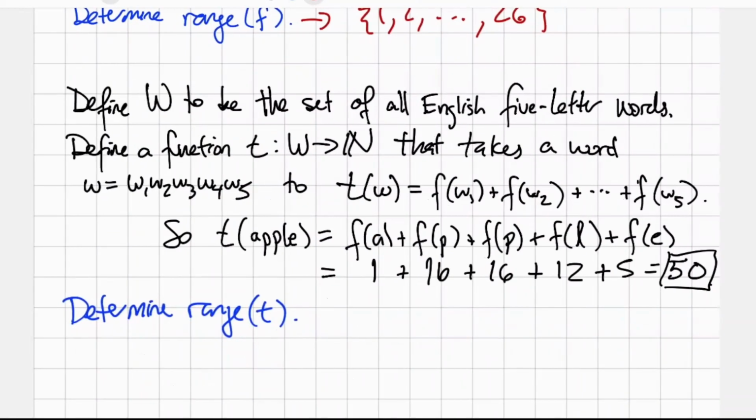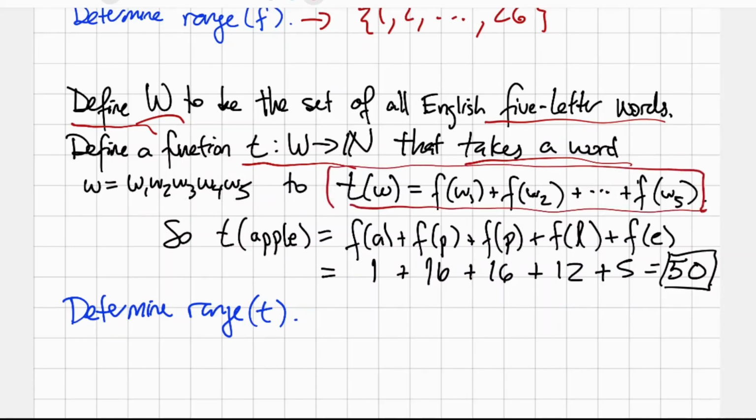Now let's do something a bit more complicated. Let's define W to be the set of all English 5-letter words. We're thinking Wordle. We'll define a function T that takes in a word as input and outputs the sum of the letter values over all letters in this word.